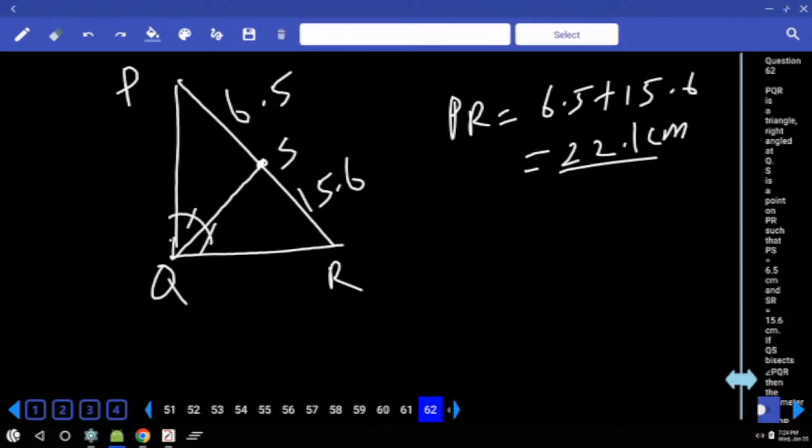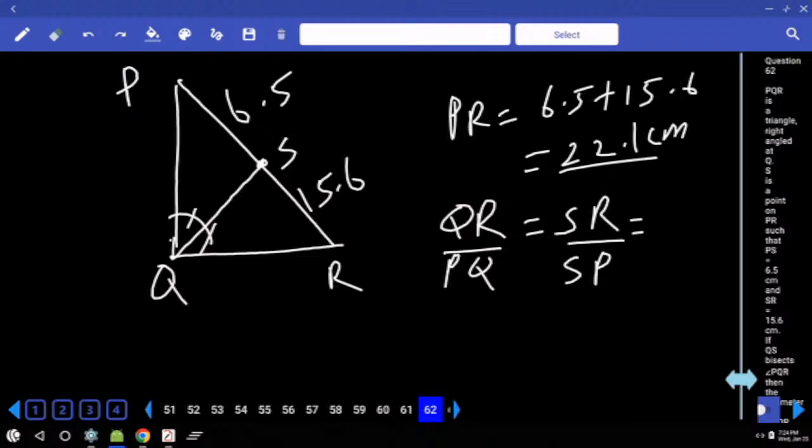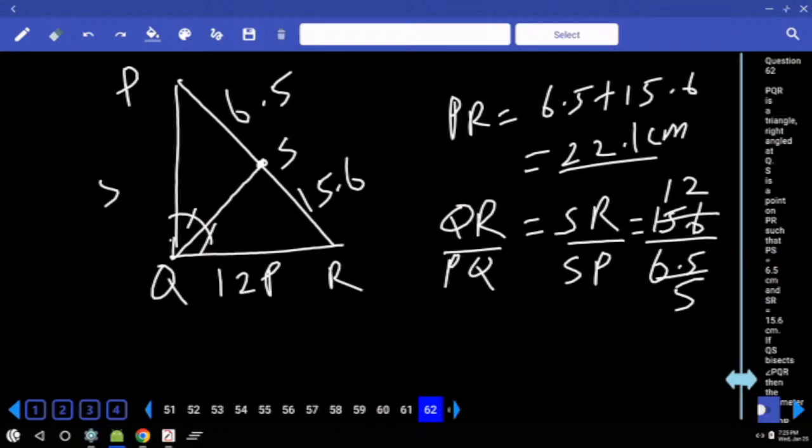Now we know the angle bisector theorem: whenever QS is the angle bisector of angle PQR, we can say safely QR by PQ equals SR by SP. Yes or no? SR value is 15.6 and SP value is 6.5. Now from the 13 table, this is 12 and this is 5. That means QR is 12 parts and PQ is 5 parts, right? It is a right angle triangle, so if this is 5 and 12, what should the hypotenuse be? 13 parts, according to your Pythagoras theorem.